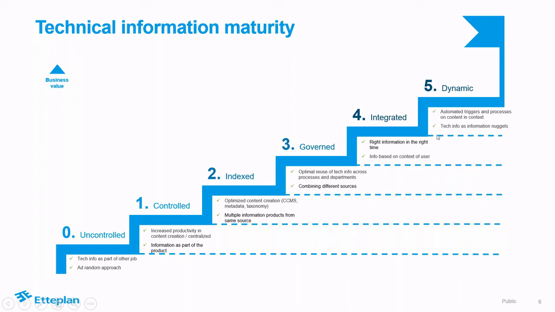And in level 5, that's the industry 4.0, where it's automated and dynamic and triggered by an application. So that's the maturity level, and normally you would go from level 1 to 2 to the next one, the next one, the next one.